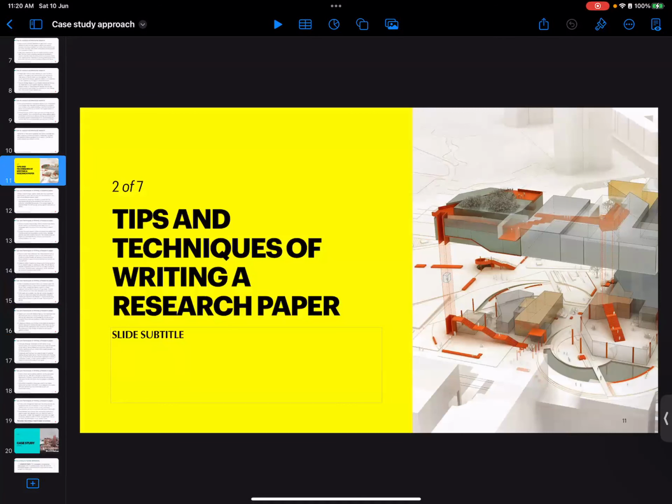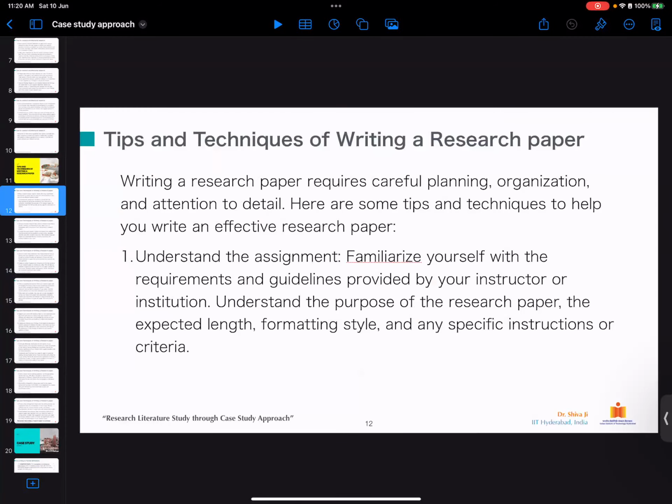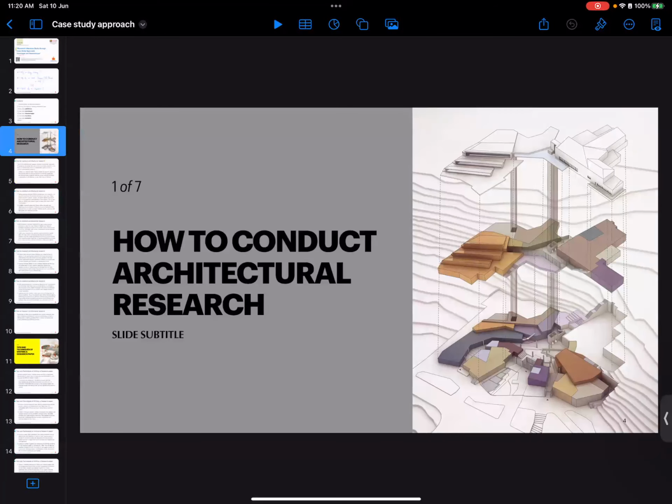Next come some tips and techniques for writing a research paper. I have kept this very generic, because this can be true for students doing research in other areas also. Under this head, the first tip is to understand the assignment. Remember, in the first section we spoke of overall research, like a thesis or a big project.